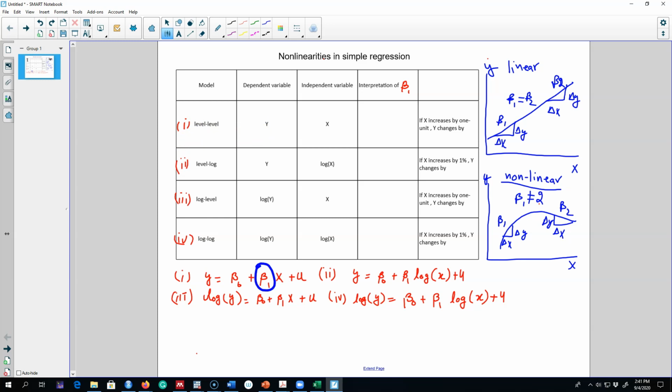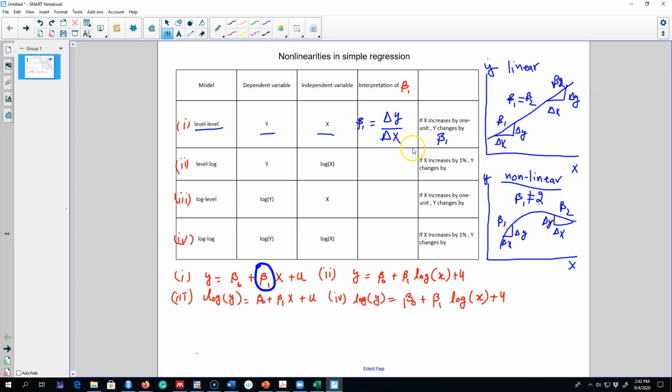The first type of model that we discussed earlier was the level model, and in this type of model you take both your dependent variable and independent variables at levels. If we use this level model, the interpretation of the beta 1 coefficient is that if x changes by 1 unit, y will change by beta 1.